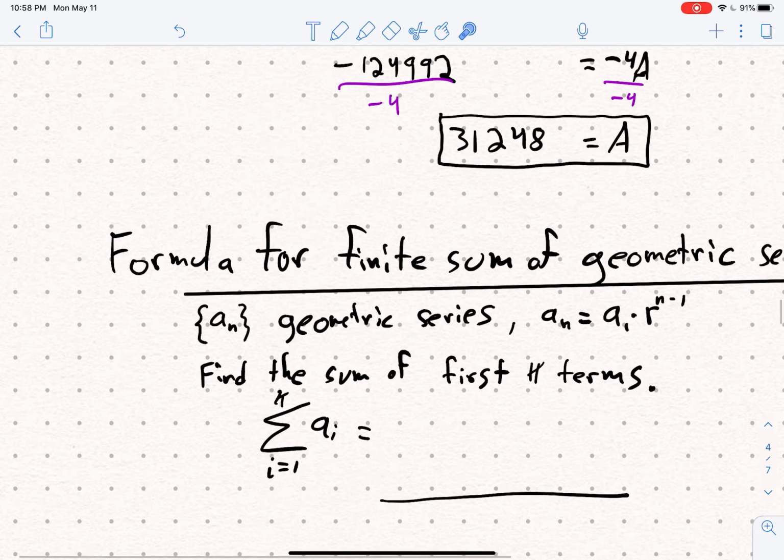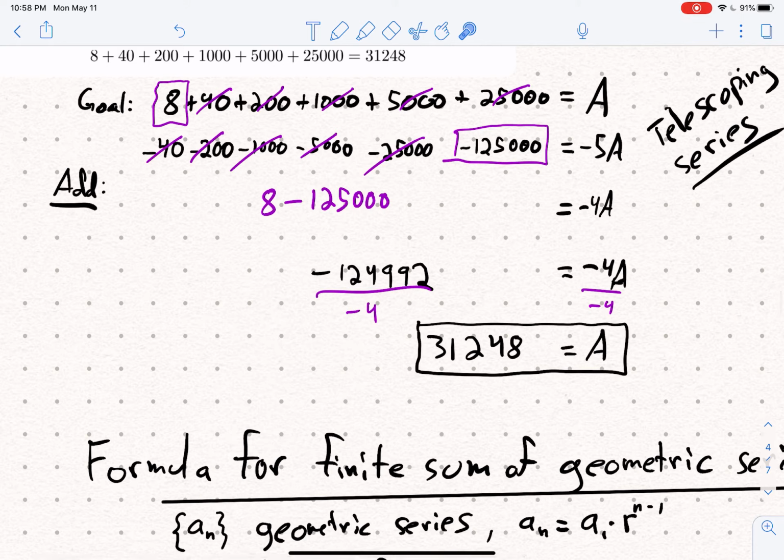Looking at our answer, the last thing that we did was we divide by this negative 4. What I want to do is see if we can trace back that division step.